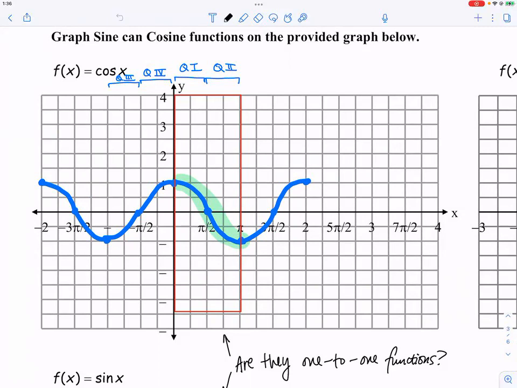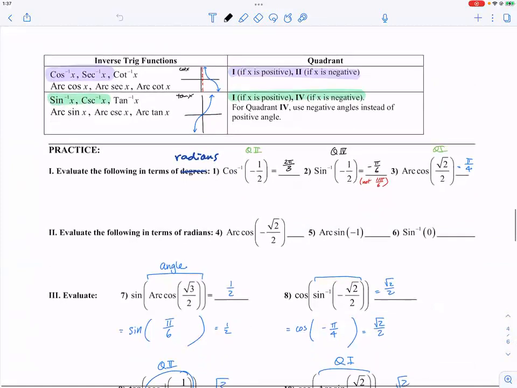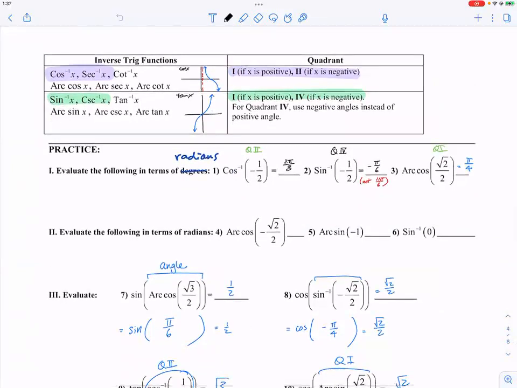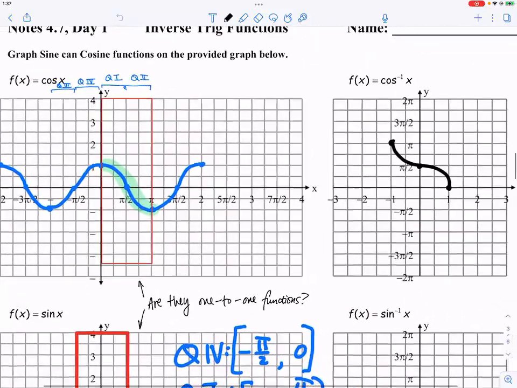Well, I would always look at the graph and tell the restriction, because if I just memorize a table on the next page, I'm afraid that I might memorize something wrong. I need something more solid to back myself up, and the graph is going to be a very good way to do that.